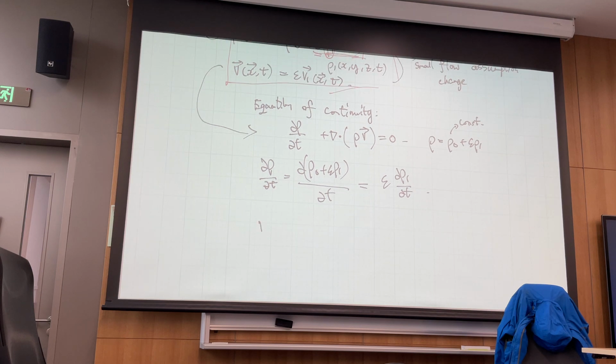What about the second term, the divergence of rho v? What is that? That should be the divergence of rho 0 plus epsilon rho 1, which stands for my rho, multiplied by epsilon v1.